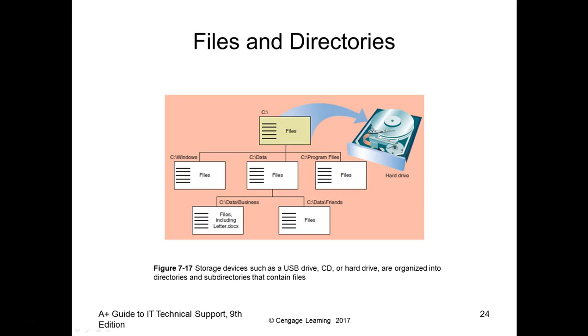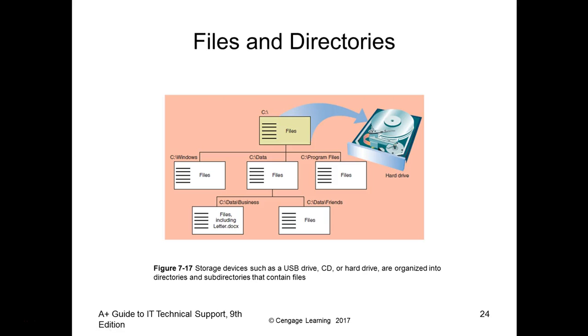Okay, so you can see here, this would be our root directory right here. C is our root. And then from there, we can have these different subdirectories that it can be broken down into. Within those subdirectories, you can have additional subfolders that can then allow us to organize and set up this file system however we see fit.